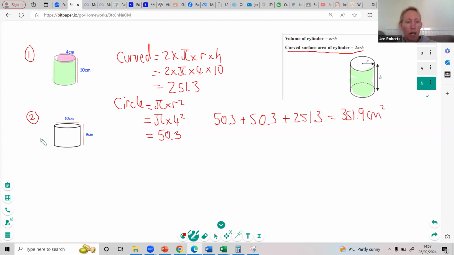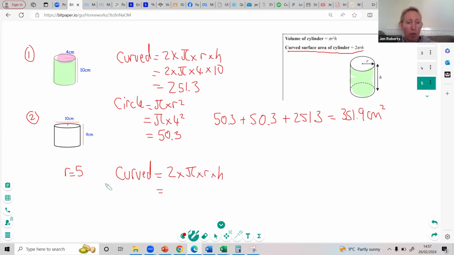Now let's look at the second one. The only difference here is you're given the diameter instead of the radius. So just be aware of that. That measurement all across the middle of your circle is the diameter. So let's write the radius equals 5. Again, I'm going to get my curved bit first, using my formula, 2 times pi times r times h.